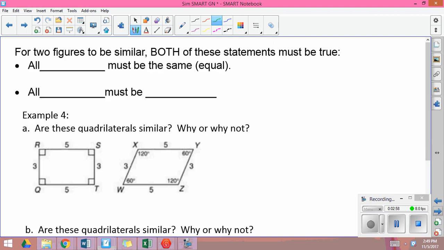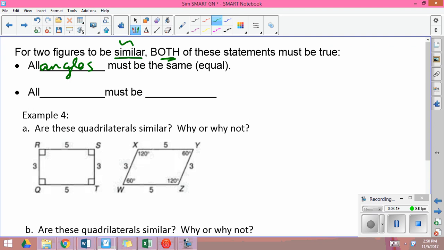So what does this have to do with similar figures and the transformations we've been doing? In order for two figures to be similar, now we're talking similarity, not congruency, both of these have to be the same. All angles must be the same. They must be equal.